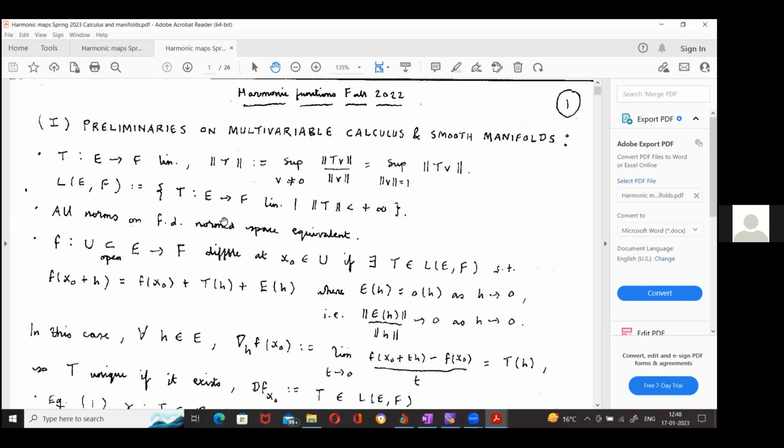And in finite dimensions, recall that boundedness of a linear map is equivalent to continuity of the linear map. If you have a linear map from R^n to R^m, then it is continuous because each coordinate of the linear map is a linear function, some summation A_ij x_j, so that's a polynomial function.